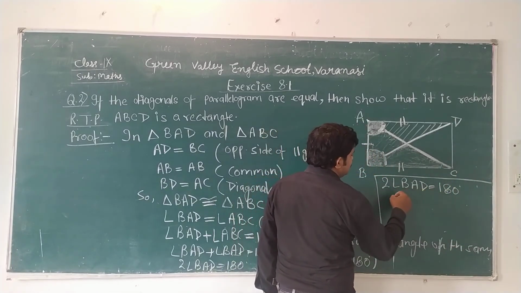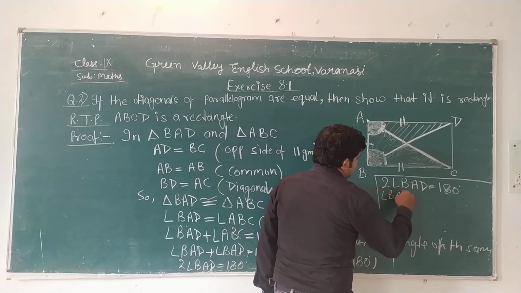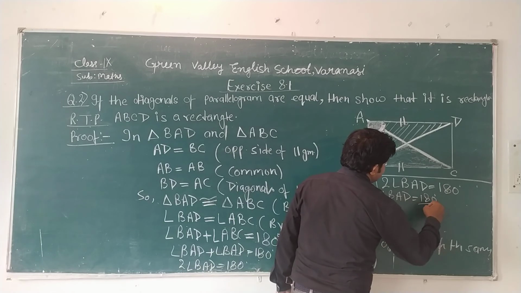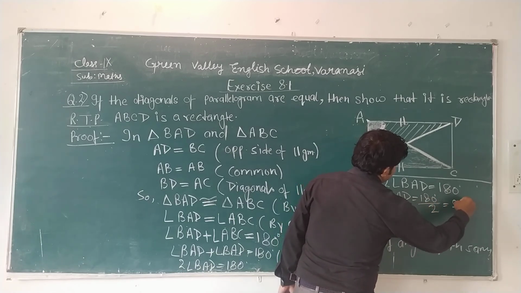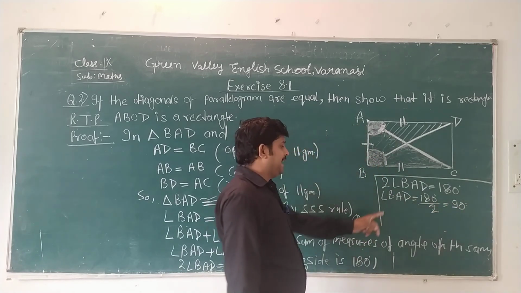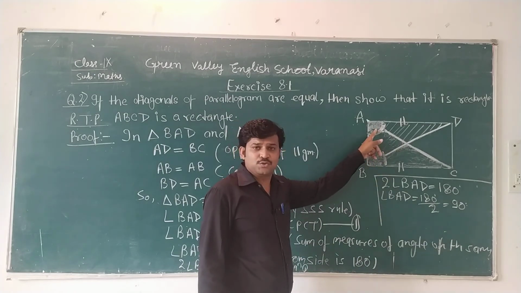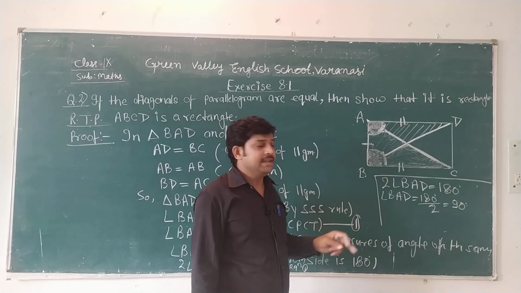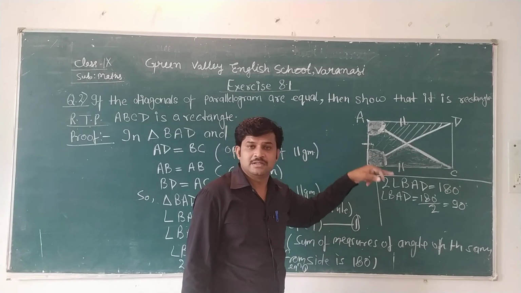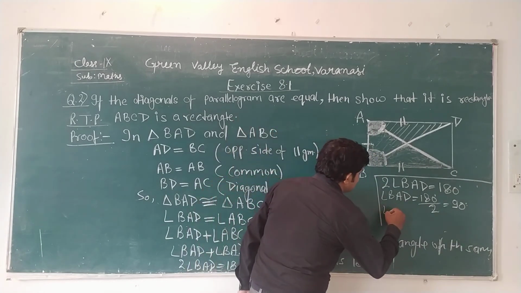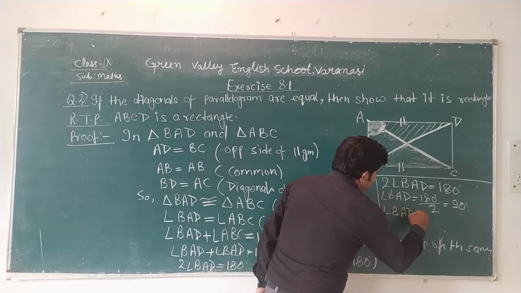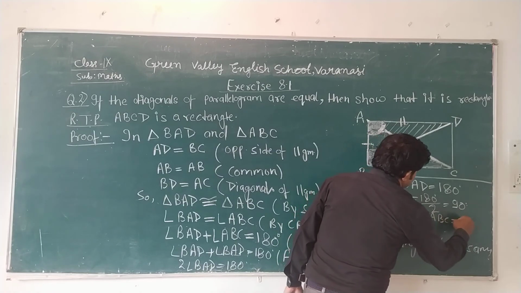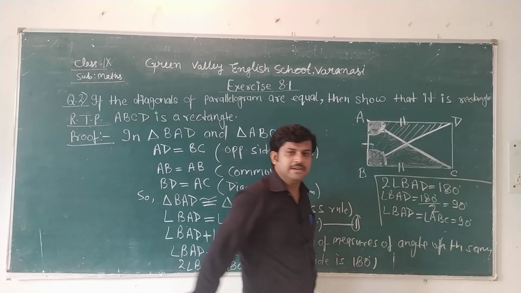Now we can find the value of angle BAD. Angle BAD is equal to 180 divided by 2, which is 90 degrees, and the other angle is also equal to it. It means both the angles are 90 degrees. That's why angle BAD is equal to angle ABC is equal to 90 degrees.